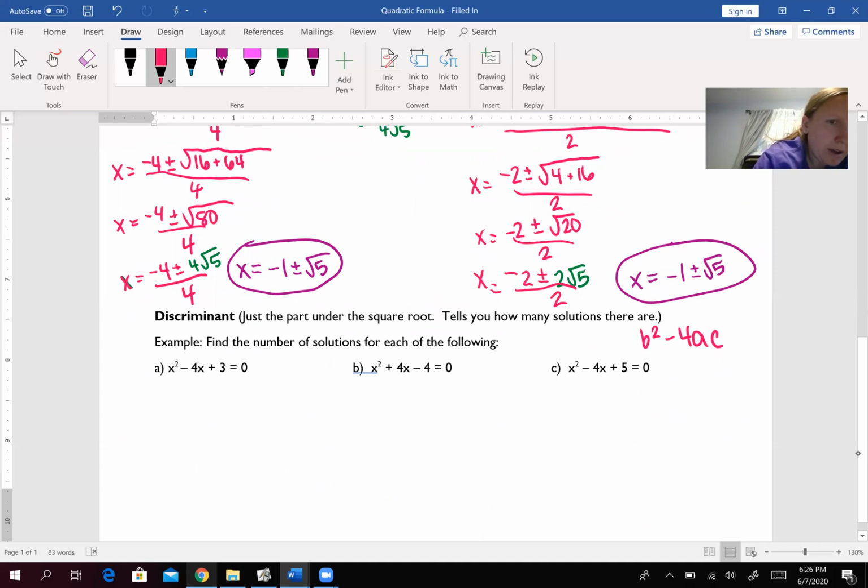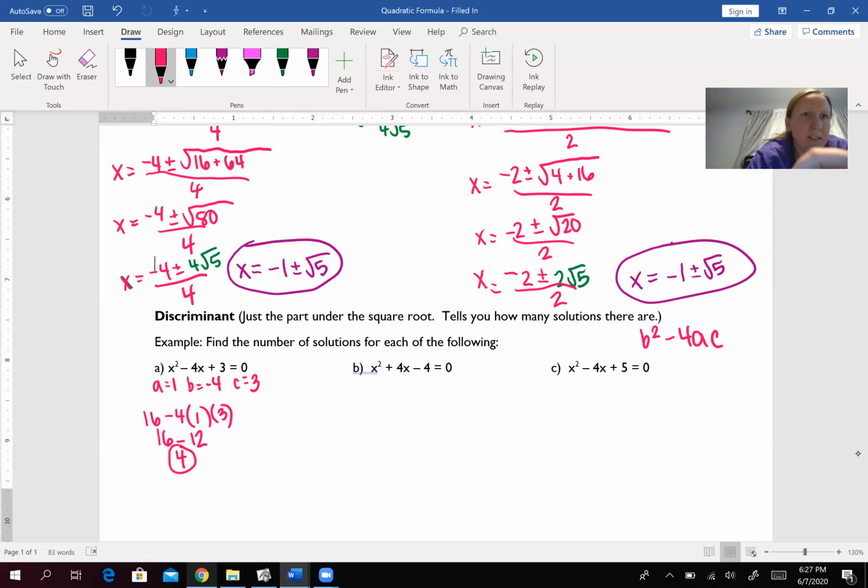So a is 1, b is negative 4, c is 3. So the discriminant is b squared minus 4ac, so 16 minus 4 times 1 times 3, which is 16 minus 12, which is 4. So the discriminant is 4.